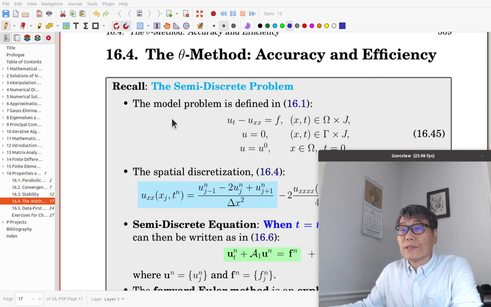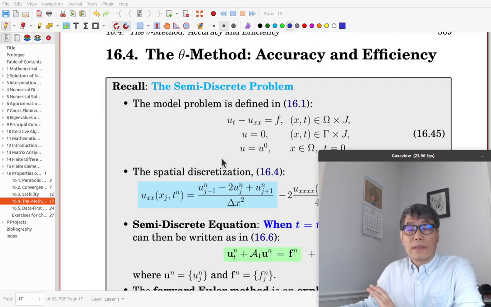In this section, we'll study the theta method along with accuracy and efficiency. For the model problem, parabolic PDE, we considered the Forward Euler method, and we studied consistency, convergence, and stability for the scheme.